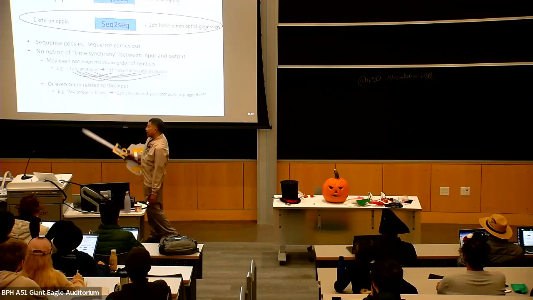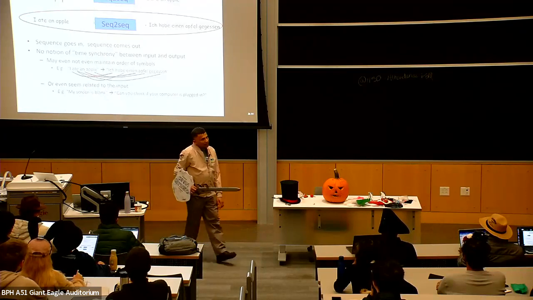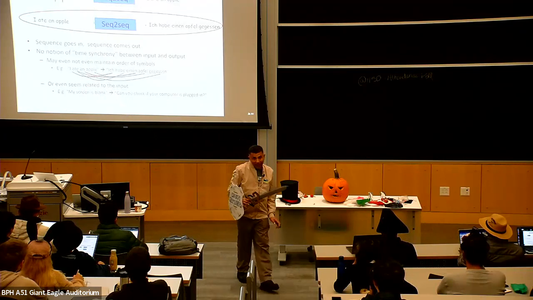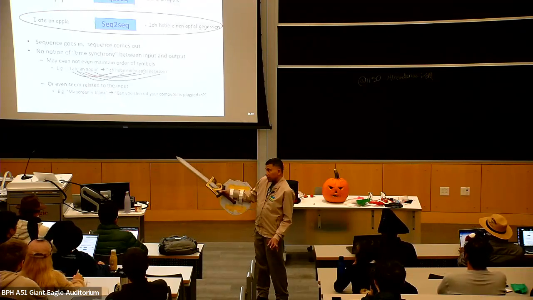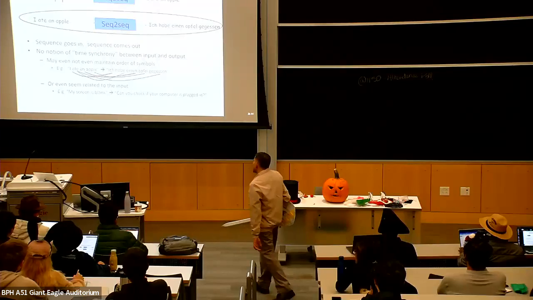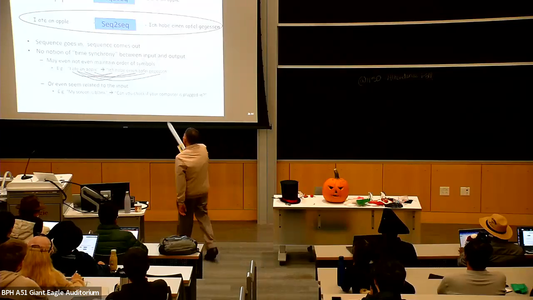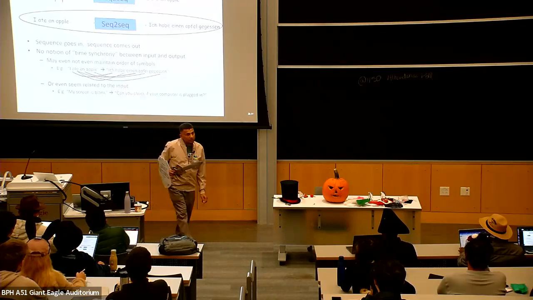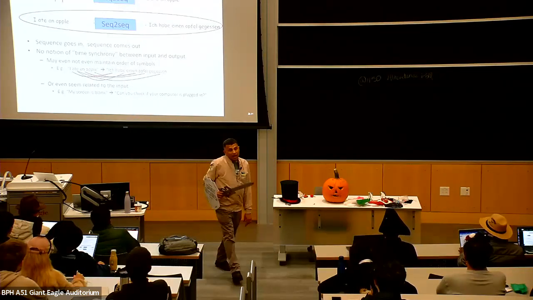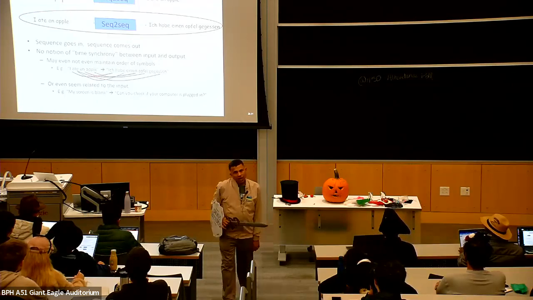I and Ich can be mapped onto one another. But the ate on the left side actually became habe and gegessen, which are two words separated far apart, right? Similarly, an apple is einen Apfel. But you can see that there is no one-to-one correspondence. And in fact, it can be much worse.